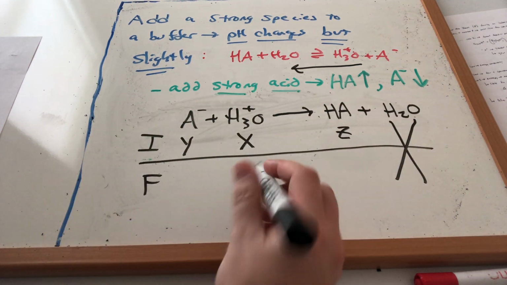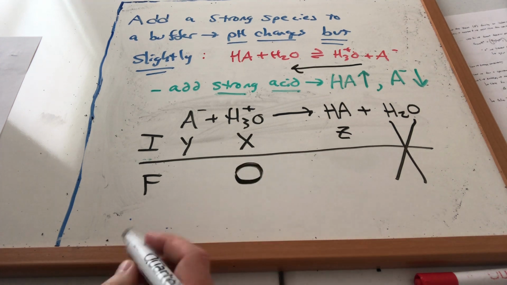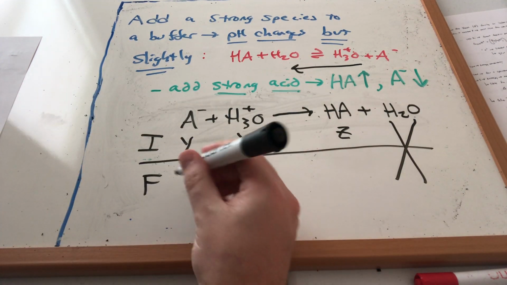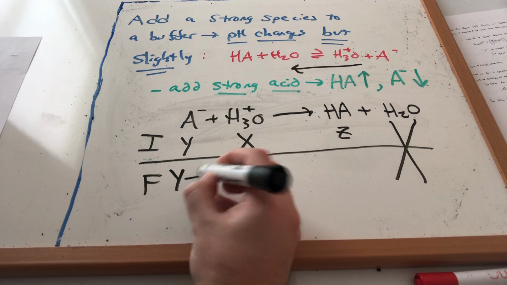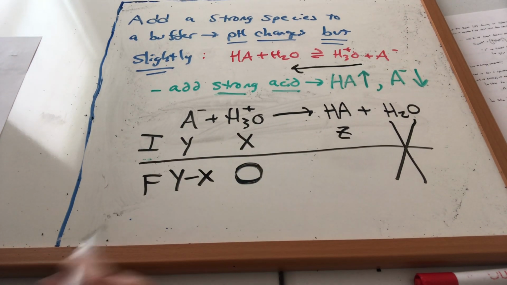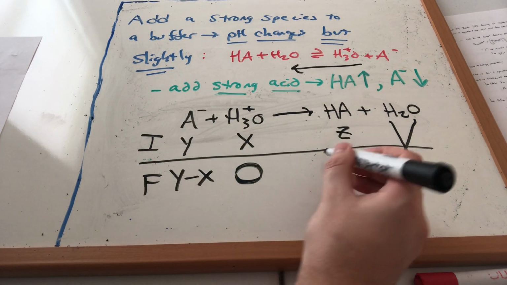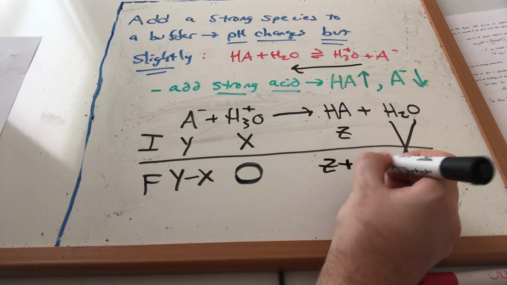These are completely used. These go away, and the reaction goes in that direction. And so we lose moles of A minus as the strong acid goes in there, and we make moles of HA.